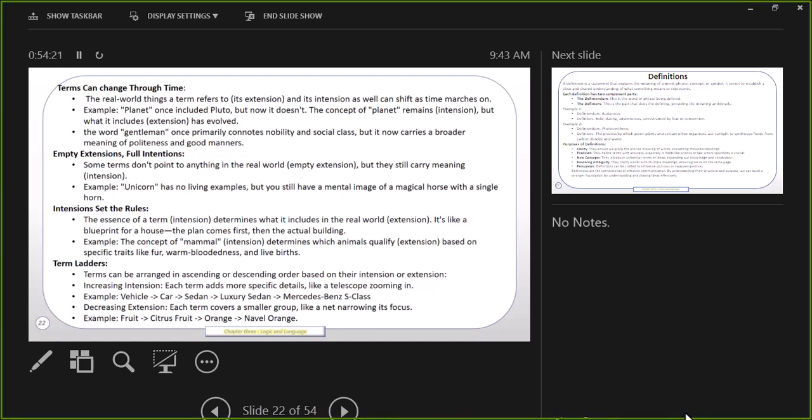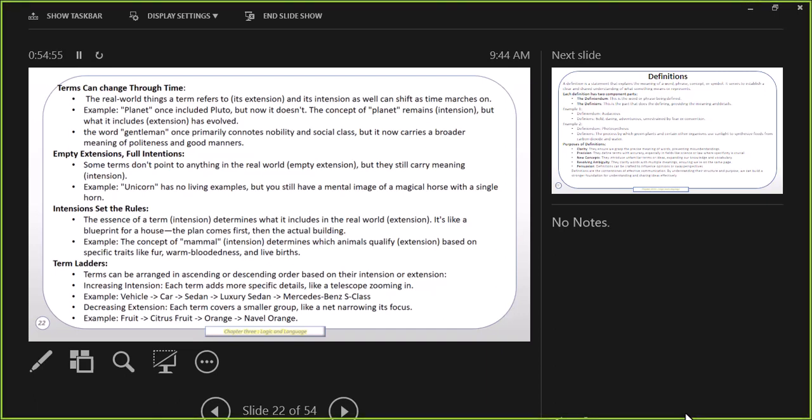Every term has intentional or connotative meaning. There is no term without connotative meaning. Whereas some terms have empty extensions, such as the word unicorn or a blue horse, etc. They do not have any real, concrete, living member of reality that testifies to their existence.